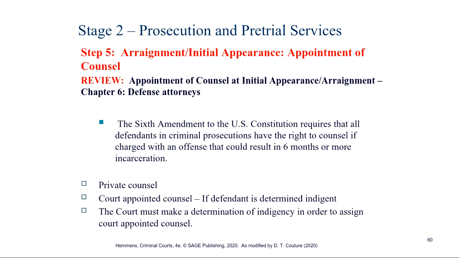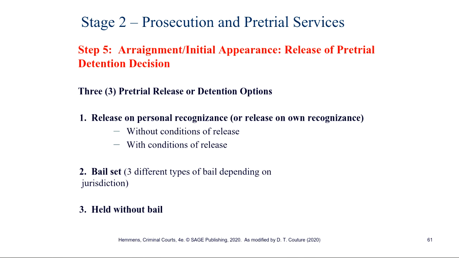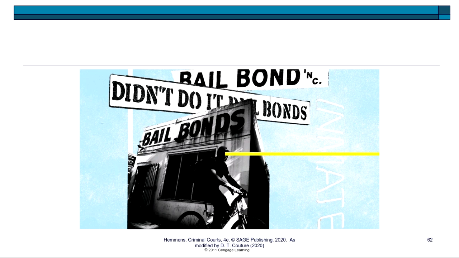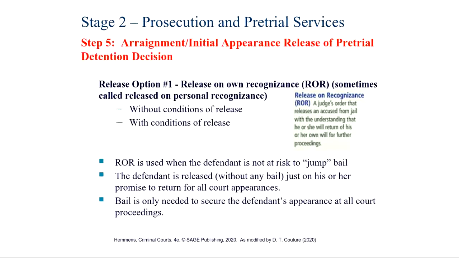Okay, so you know about counsel, appointment of counsel. We covered that in Chapter 6, what the counsel options are. We're now going to cover the different types of release decisions. From a defendant's point of view and his or her attorney's point of view, release on his own recognizance is what they want to have happen.